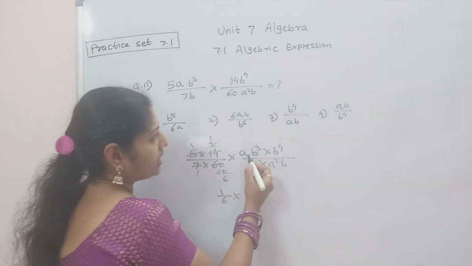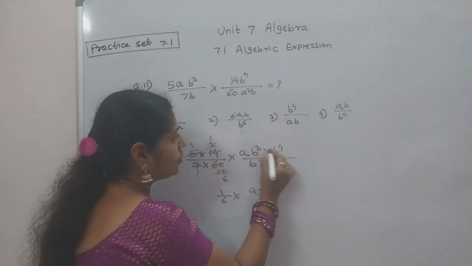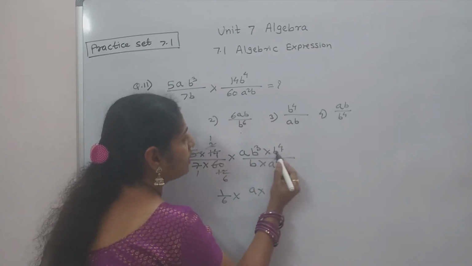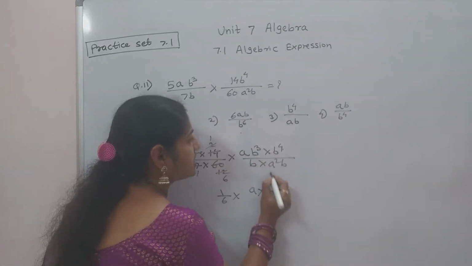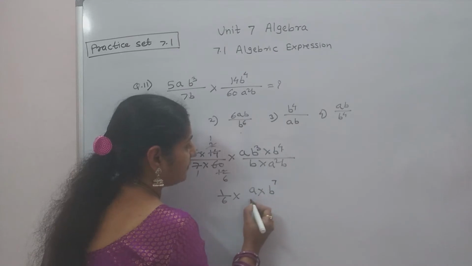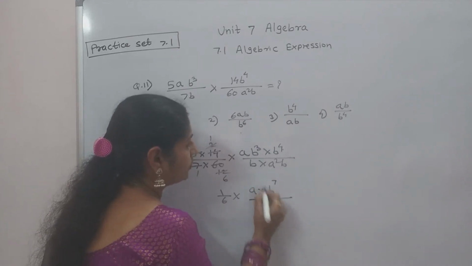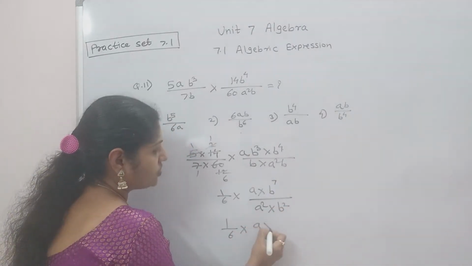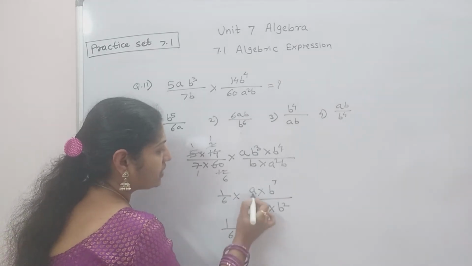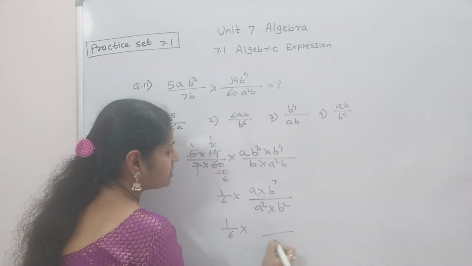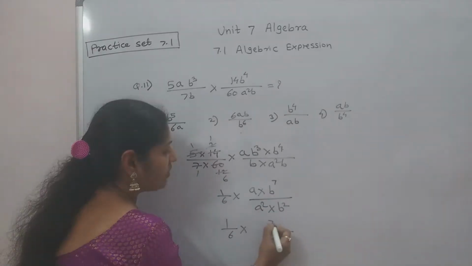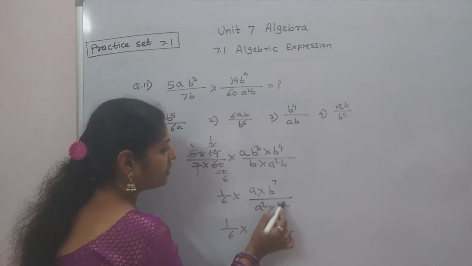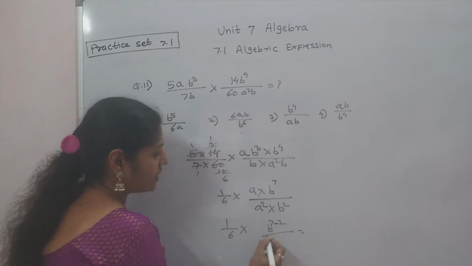Now for the variables, a into b cube into b raised to 4. Use the rule of indices: for equal bases, there is addition of the indices, 3 plus 4 is 7, upon a square into b square. a into a upon a square, cancel the a, so only a remains in the denominator. b raised to 7 minus 2: it is division, so subtract the indices, 7 minus 2 is 5.